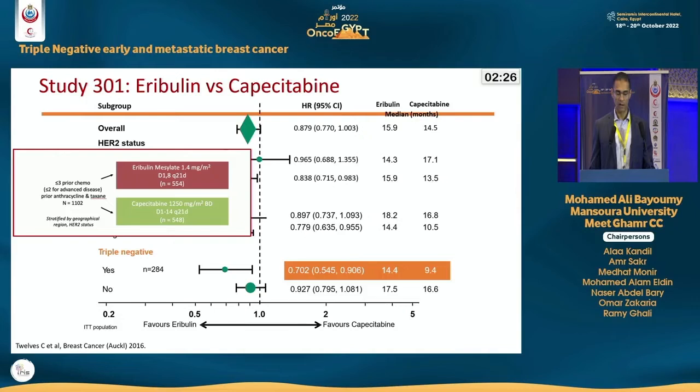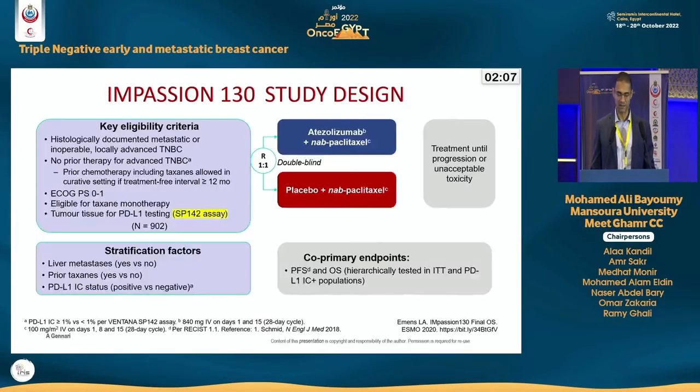For eribulin compared to capecitabine, this result is well known to all our professors and colleagues here. Eribulin did better than capecitabine regarding overall survival, especially in metastatic triple negative breast cancer patients.